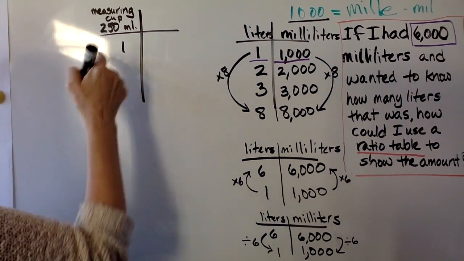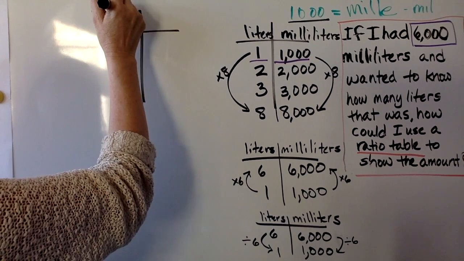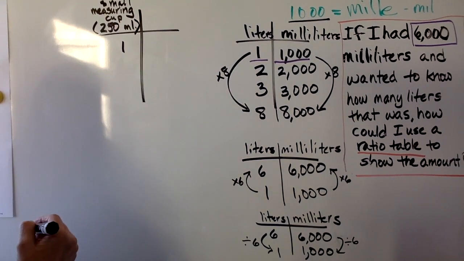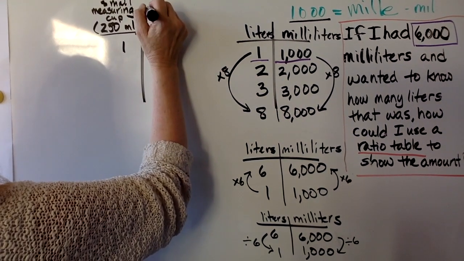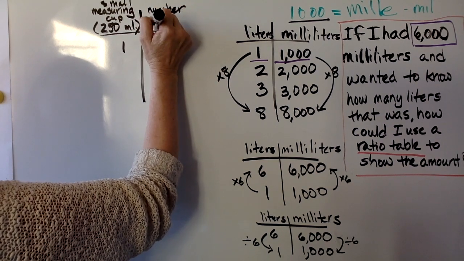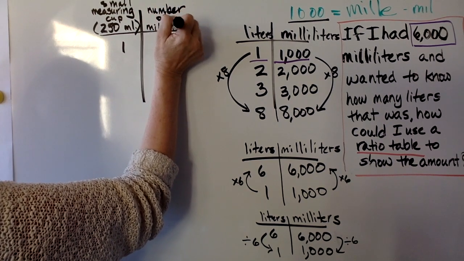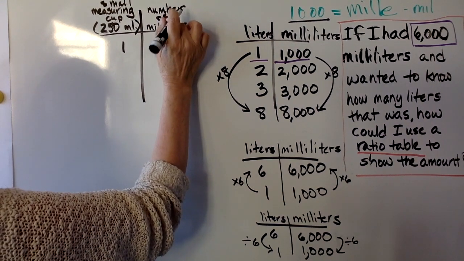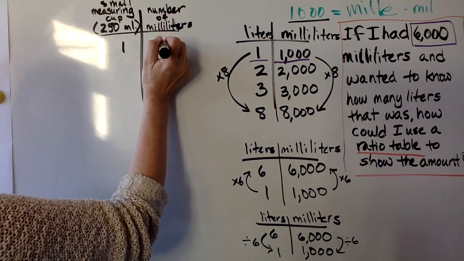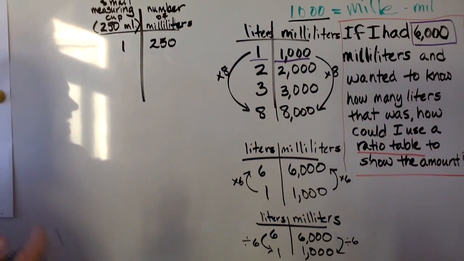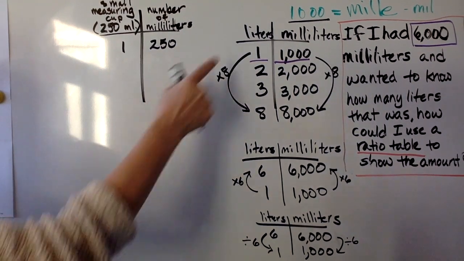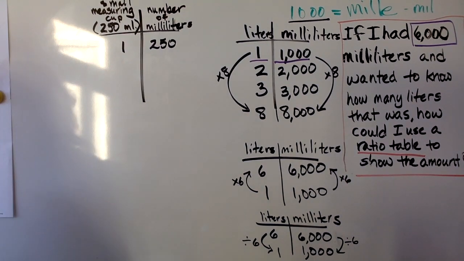So I have that one small measuring cup that has 250 milliliters in it, and the number of milliliters is 250, and I'm trying to fill up this liter one, this big one. How many cups do I need for that?